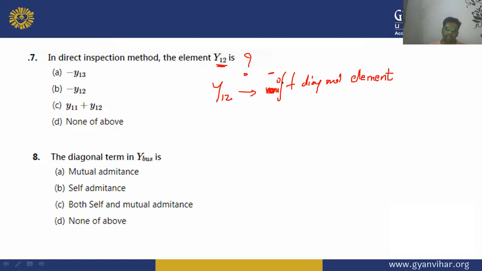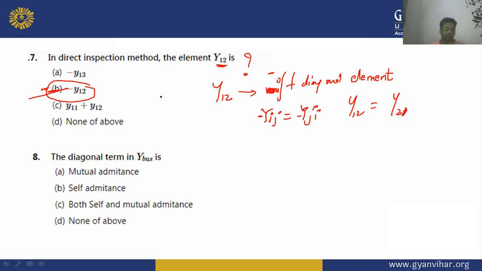So when we are having an off diagonal element in the direct inspection method, and when it is a no coupling method, then we can say that Yij is equal to Yji. That means Y12 is equal to Y21. Okay, and also we have seen that these are negative values. So Y12 will be what? It will be minus of y12. So the correct option is answer B.